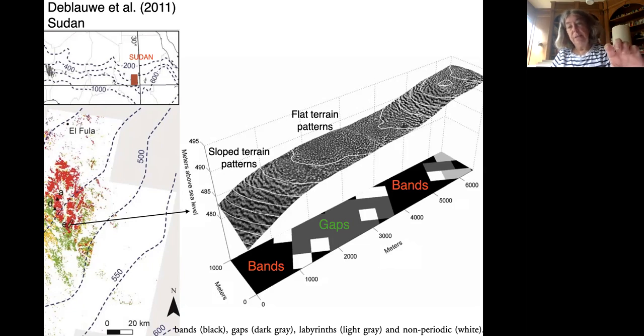So just like 10 meters variation over 6,000 meters. So these slopes that lead to the sloped terrain patterns are really, really modest. In our investigations, we usually put in a 0.5% grade.